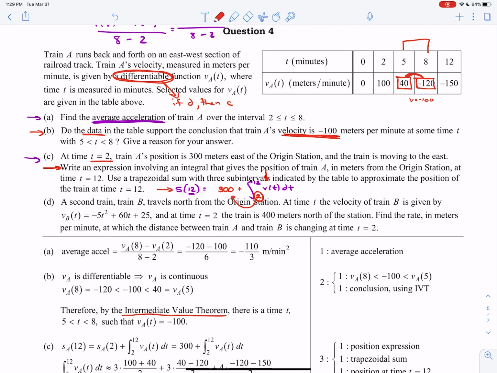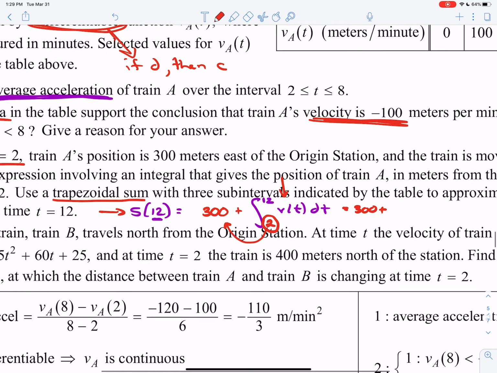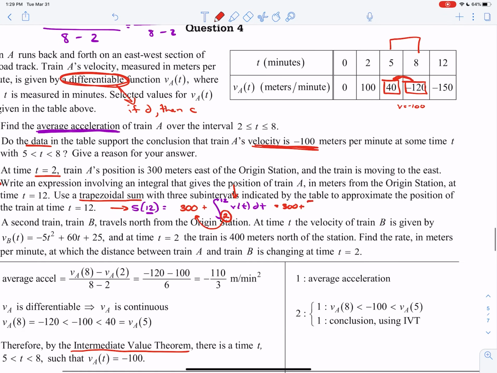Then they ask you to use a trapezoidal sum to approximate the position. Here we have 300 plus that integral. To get that integral, we're going to use the trapezoid approximation. It will be 1/2 times the horizontal distance between 2 and 5, which in this case is 3, times the sum of the two bases, 100 plus 40.